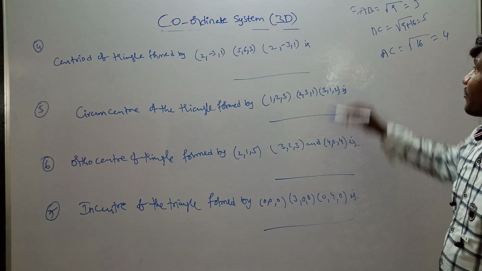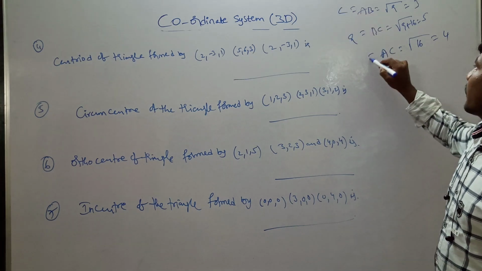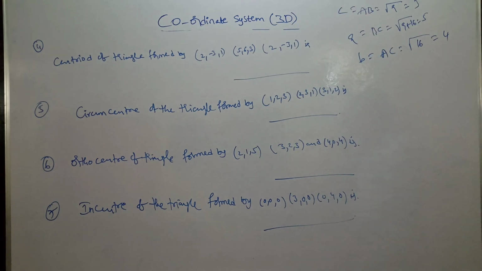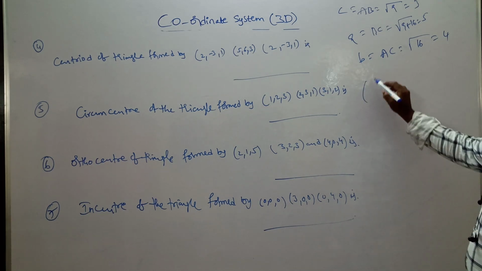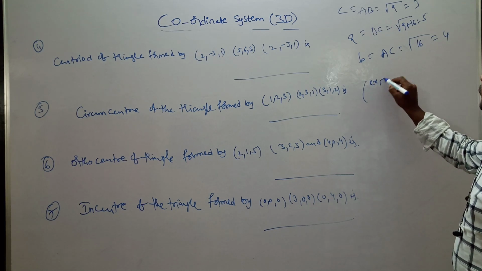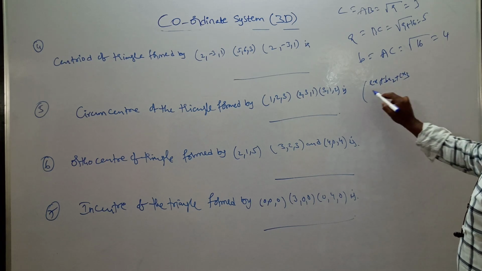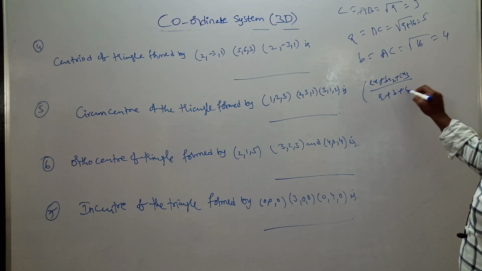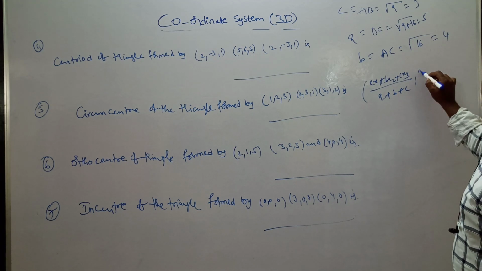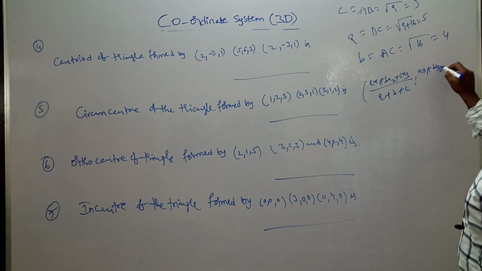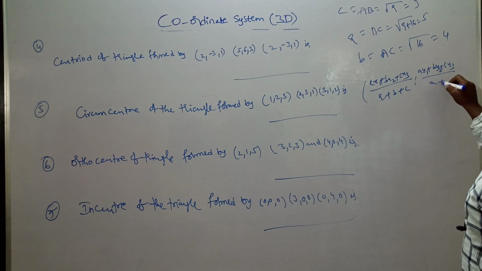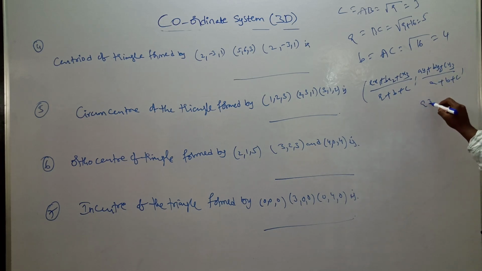AB equal to C, BC equal to A, AC equal to B. We know the formula of incenter. Incenter equal to (a x1 plus b x2 plus c x3, a y1 plus b y2 plus c y3, a z1 plus b z2 plus c z3) by a plus b plus c.